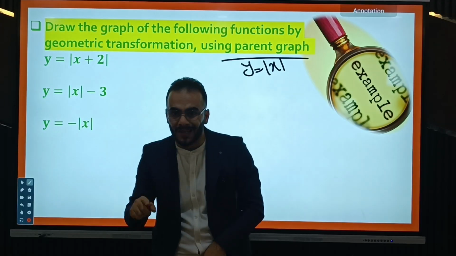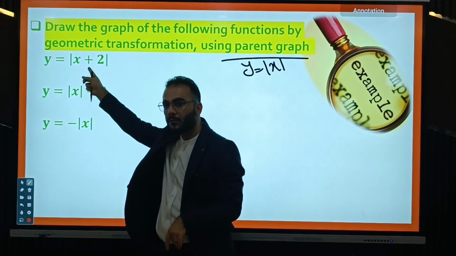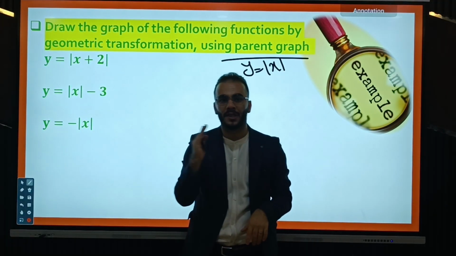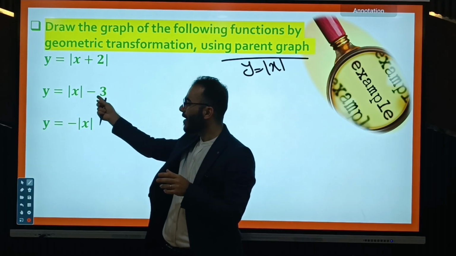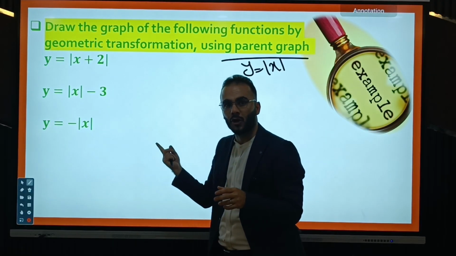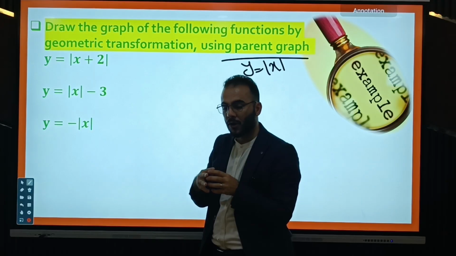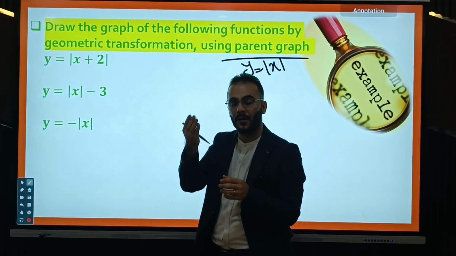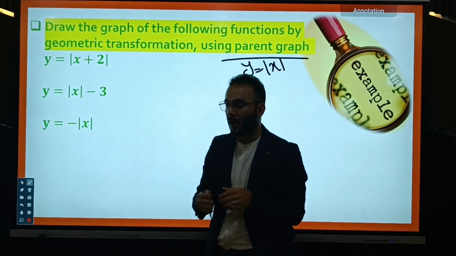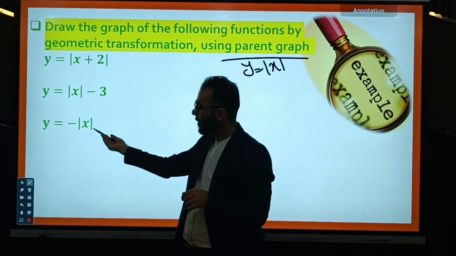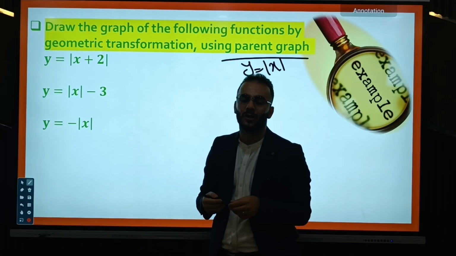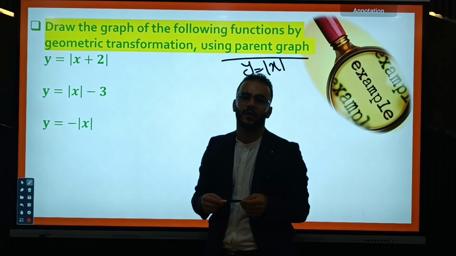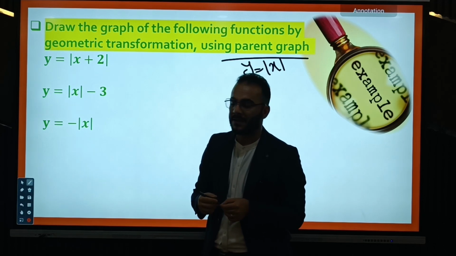Inside, we change horizontally, either left or right. Outside, we move vertically. And if there was a negative behind the absolute value as a coefficient, we reflect it with respect to the x-axis.